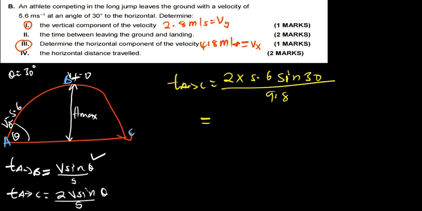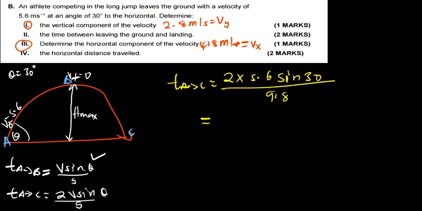Okay, so what time are we going to find? Let's see. It's the same as if I say 5.6 sine 30 degrees is 2.8, divided by 9.8. I'm getting 0.28.